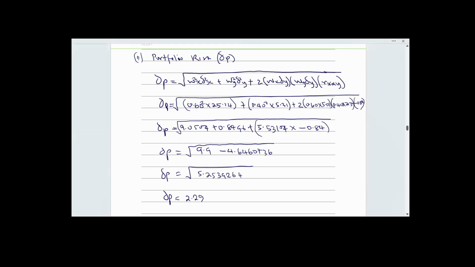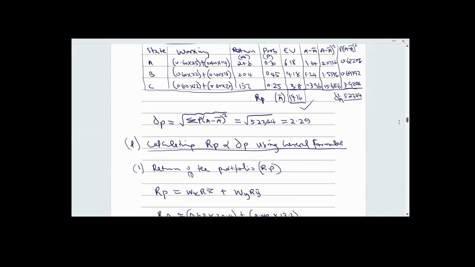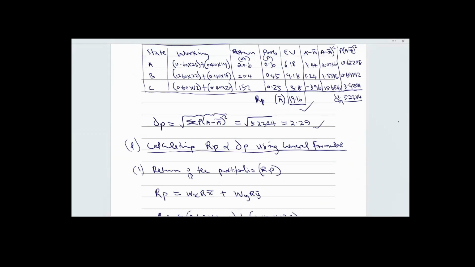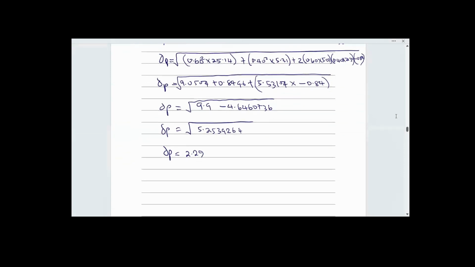This must be the same thing as we got previously using the tabular method, 2.29. That is what the examiner wants to achieve. That's why you are asked to use the general formula as well as the tabular method.